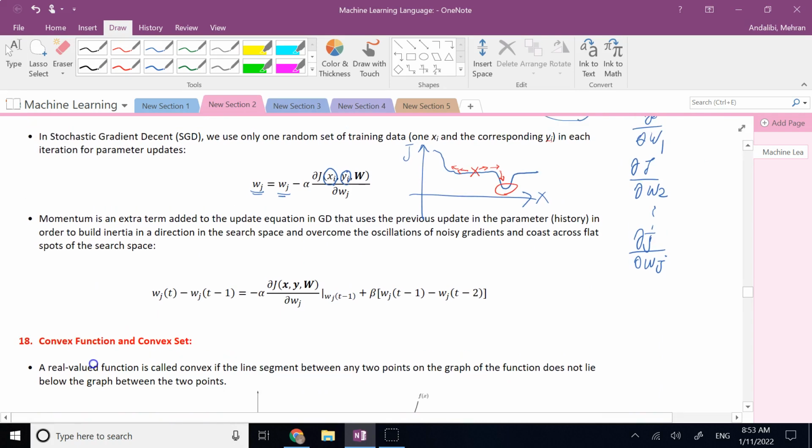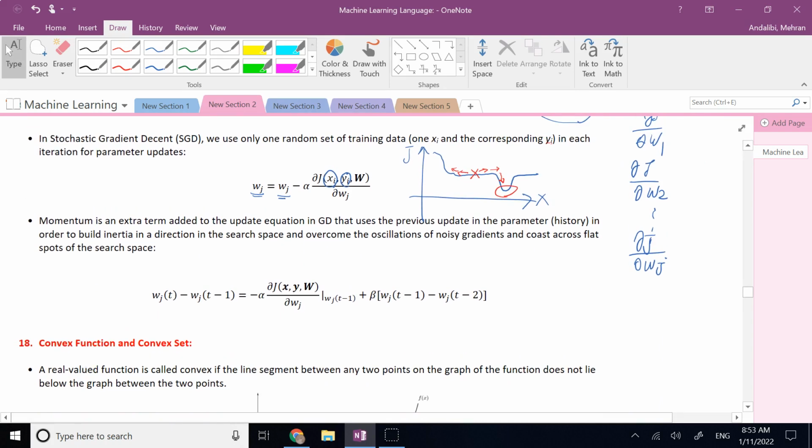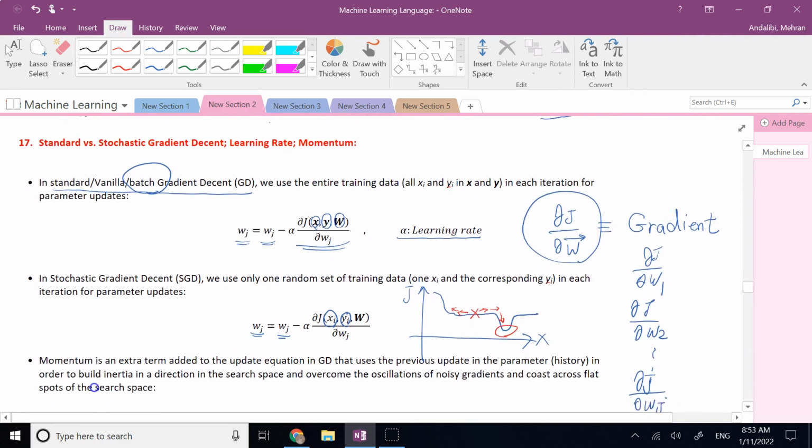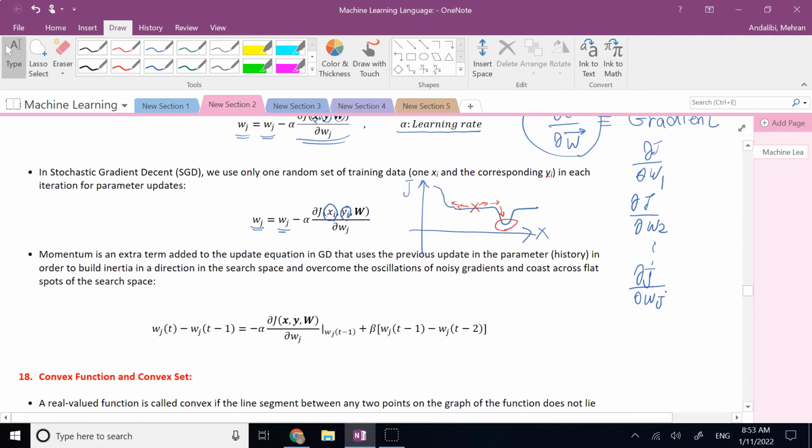The other term that we have to use is momentum, that you hear a lot in gradient descent. Momentum means what? It means when you're updating your weight. So here, if I bring this term to the left side, this first one is at time t, the second one is the previous one, t minus 1. This is the change or the amount of update in the weight.